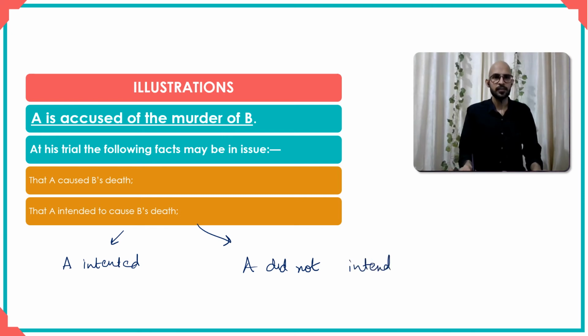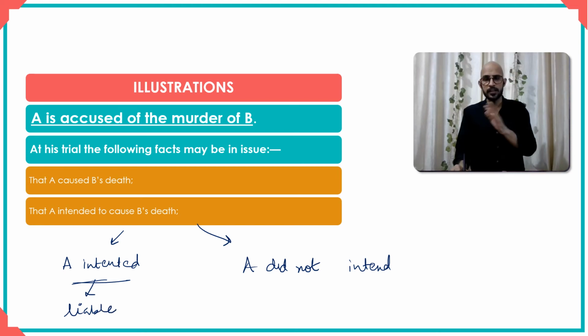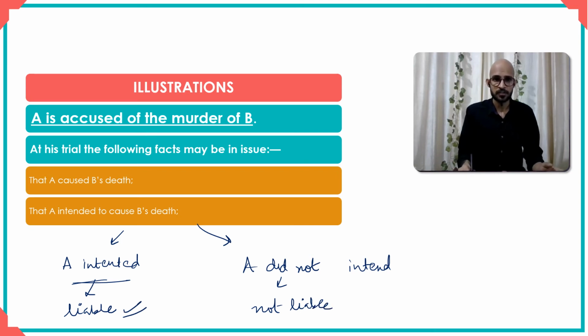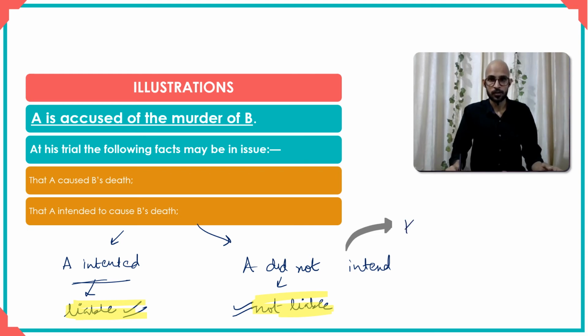If A intended, then he is liable. A did not intend, not liable. So here it talks about the existence and here about the non-existence. This is clear. But there is one more possibility. He did not intend, but perhaps he had knowledge. Isn't that possible, that he had knowledge?